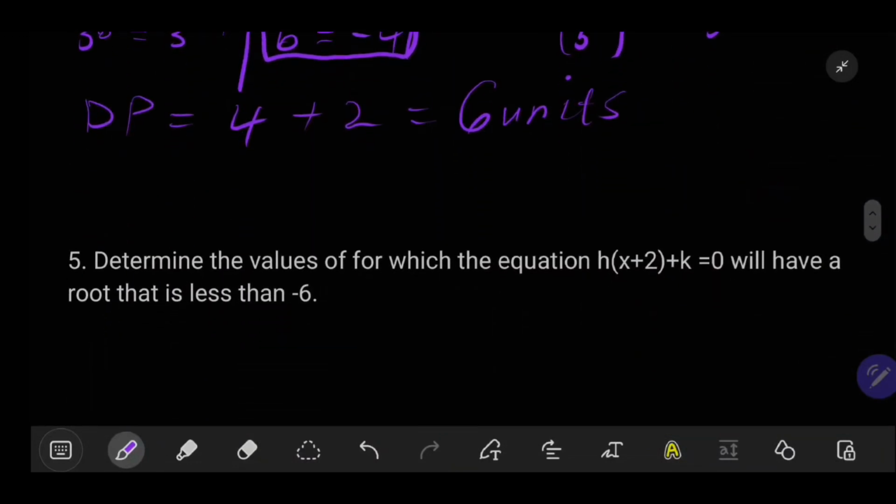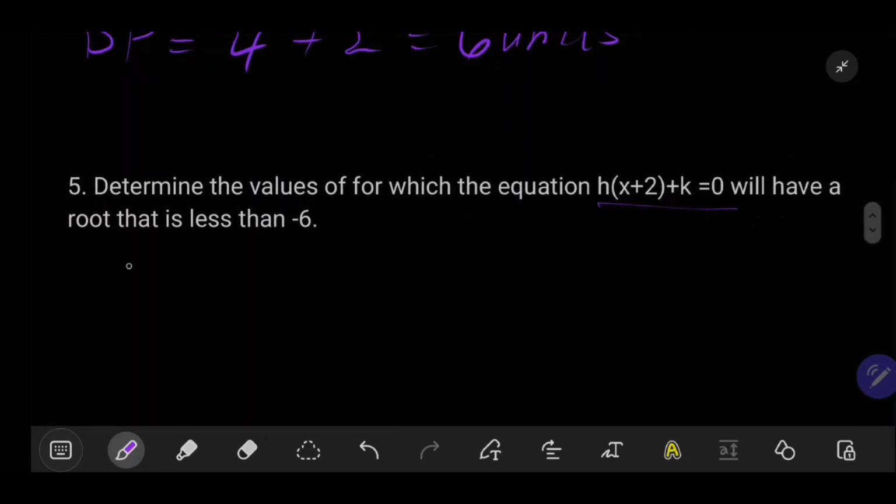Then the last question says determine the values of k for which the equation h of x plus 2 plus k is equal to 0 will have a root that is less than negative 6. So what this is saying, we know that our h of x is equal to 3 to the power x. Now they say we must transform h in this way.